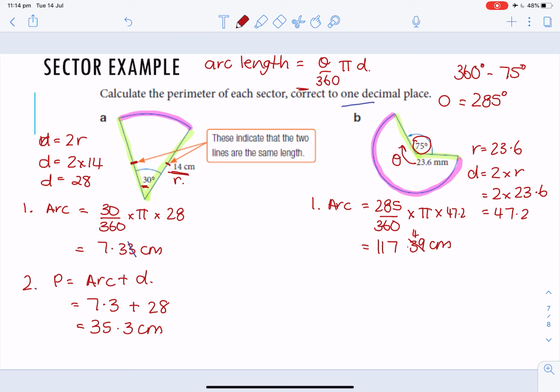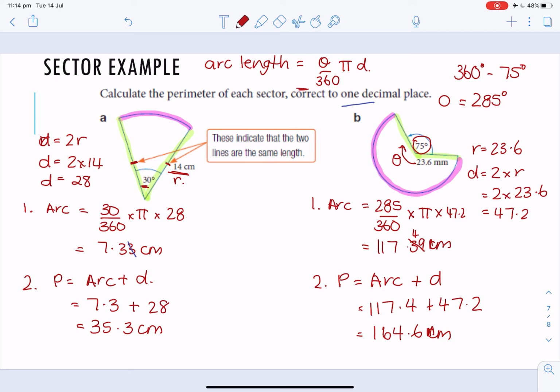Now I add everything up, and I've got my perimeter is equal to my arc length plus my diameter, which is 117.4 plus 47.2, which is 164.6. Oh, don't forget my unit of measure. Oops, we're in millimetres.